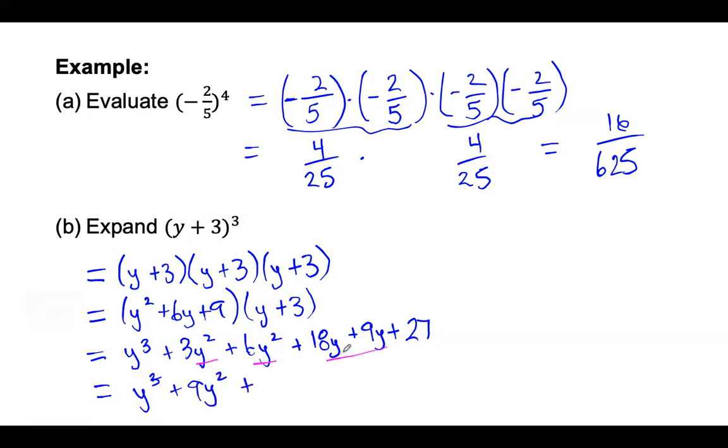Then we just add these. So we know how to multiply expressions raised to exponents. Just remember to group the like terms, don't group unlike terms. That's a common mistake.